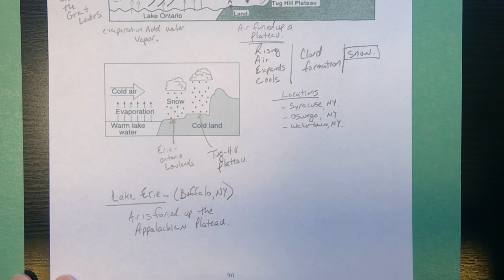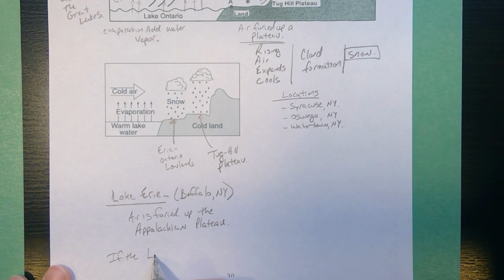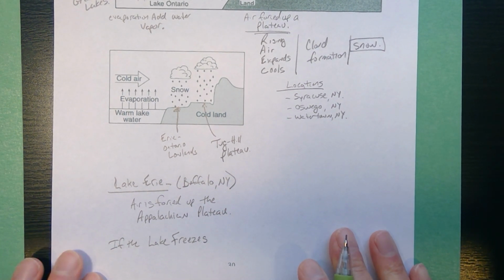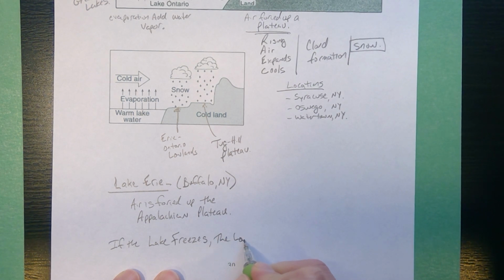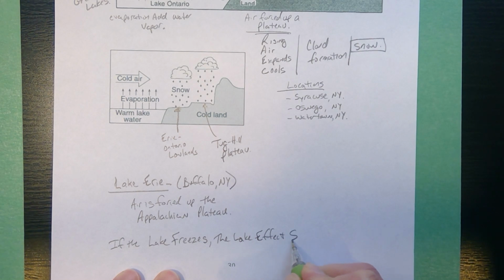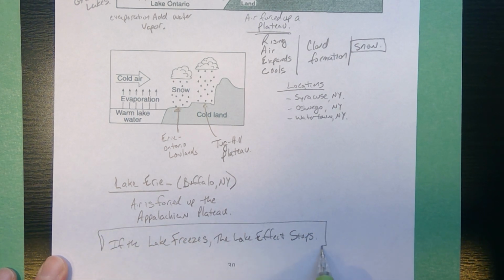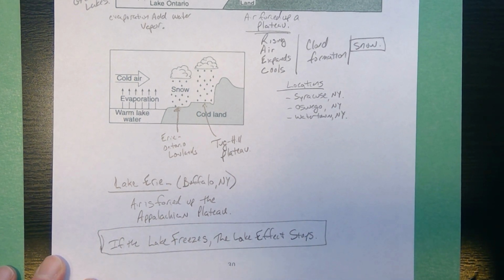Now, one thing that will happen is if the lake freezes, which will happen some really cold winters, the lake effect stops. You've got to have warmer water and unfrozen water.